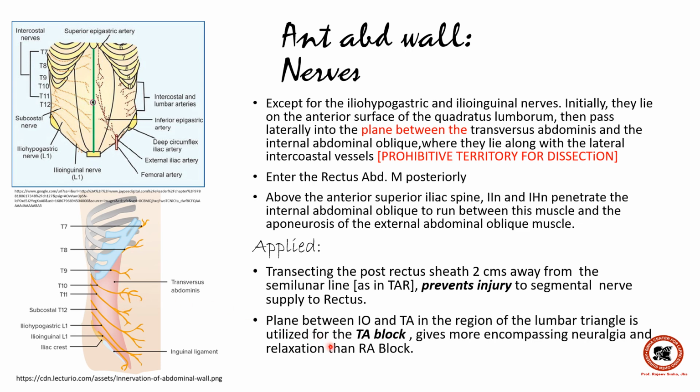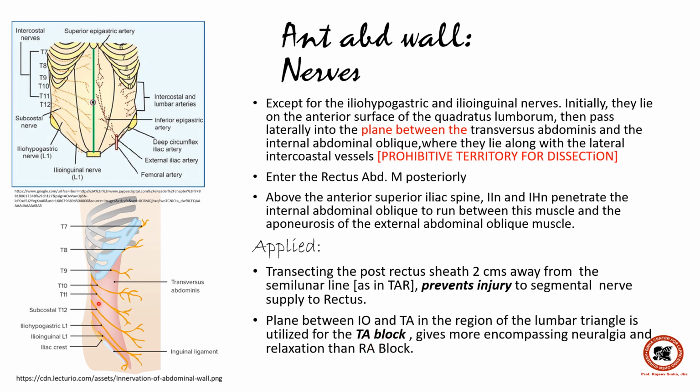Number 2, the plane in between the internal oblique and transversus abdominis, we already said, is a prohibitive territory for dissection. But what can be done in this area is that it is now very commonly utilized for the transversus abdominis plane block.